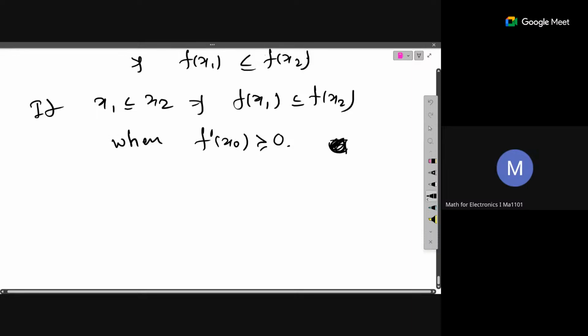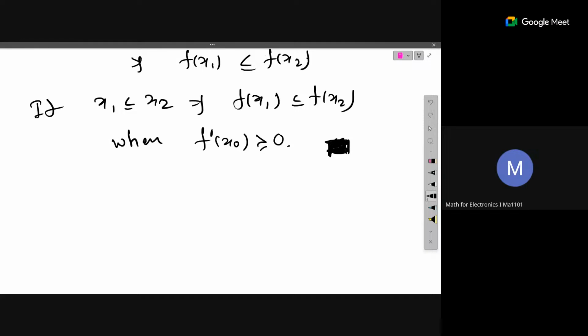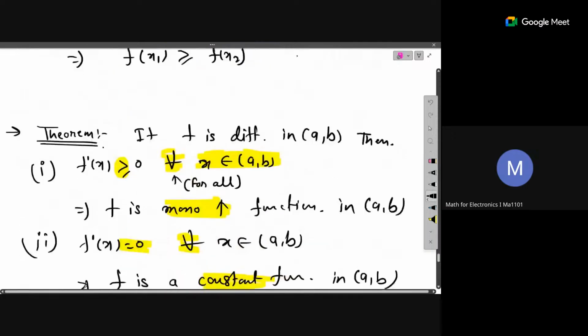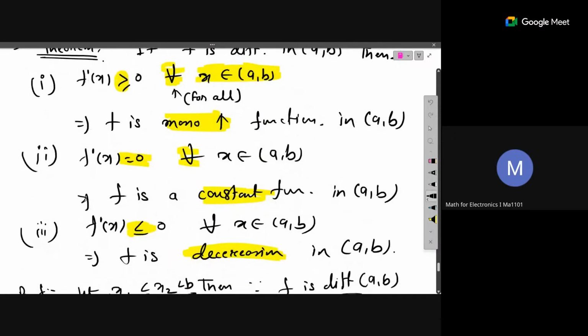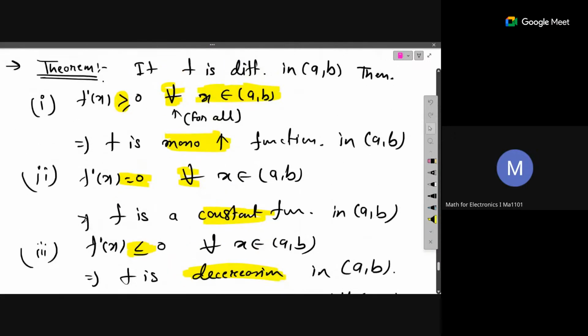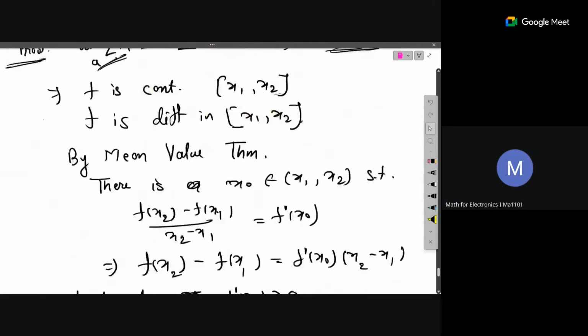But if the derivative of the function is positive for all x in the open interval a comma b, then the function is increasing over this particular interval. Is there any doubt in this theorem or the proof of the theorem? Similarly, you can prove the other two statements. Okay. If you guys have any doubt, then you can stop me in between.